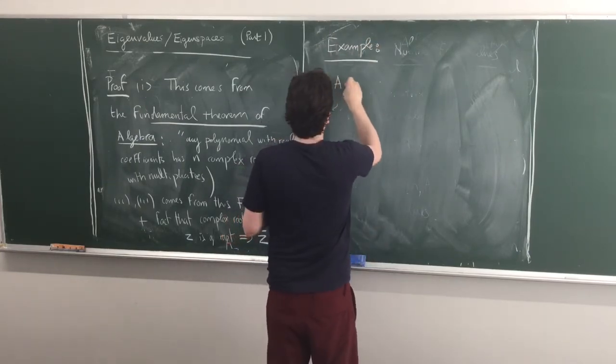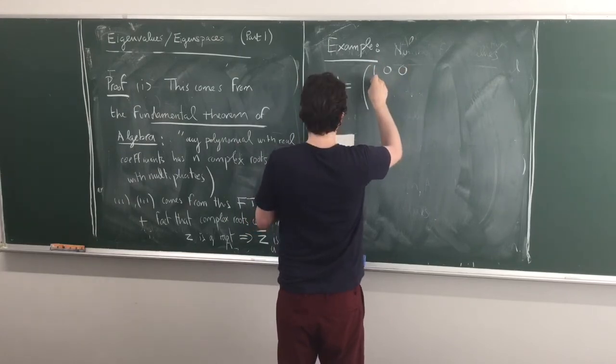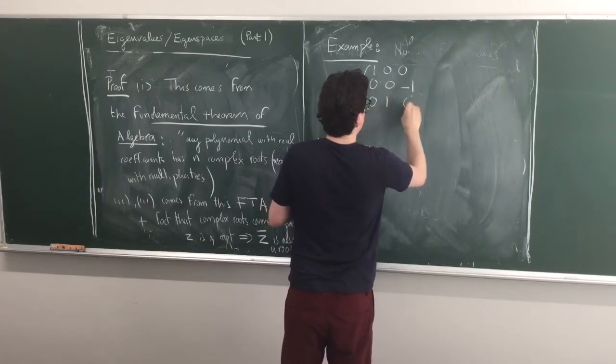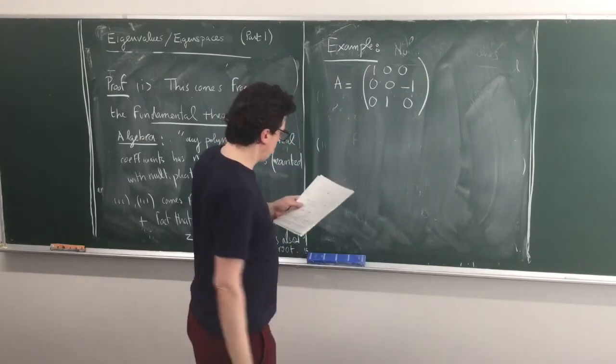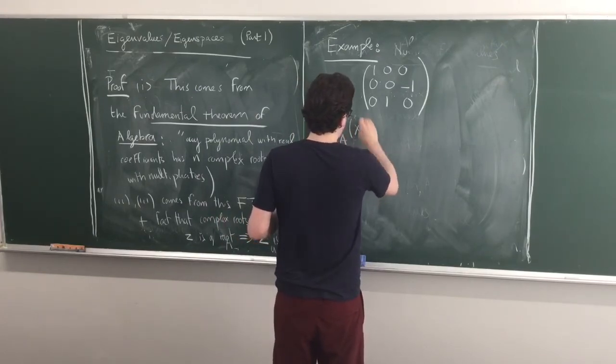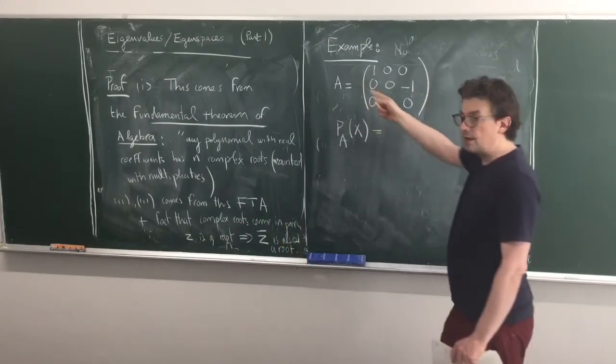So I start with A equal 1, 0, 0, 0, 0, minus 1, 0, 1, 0. Now, the characteristic polynomial of this matrix is obtained by putting minus x on the diagonal terms.